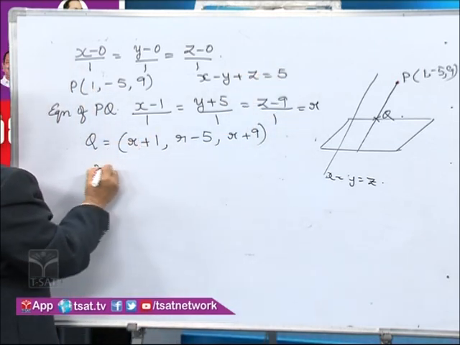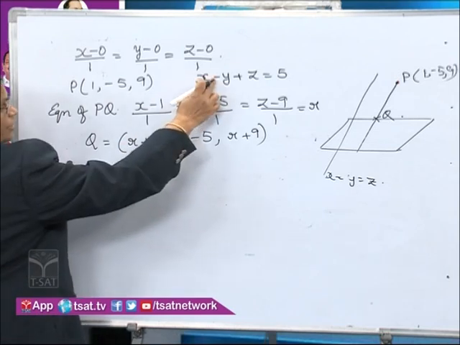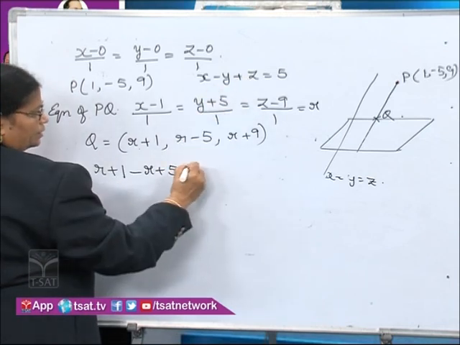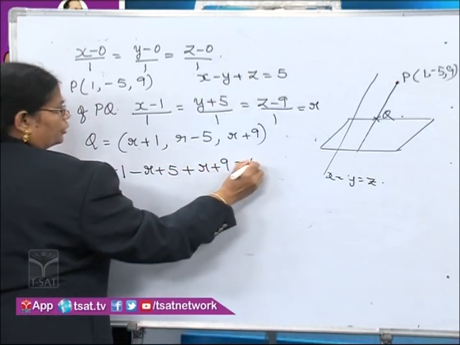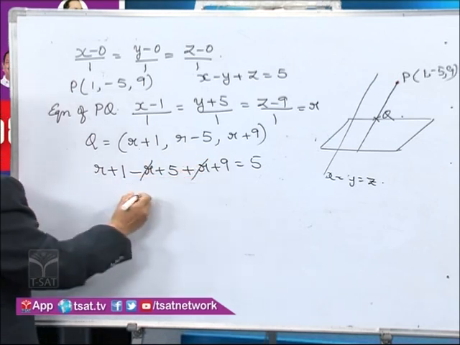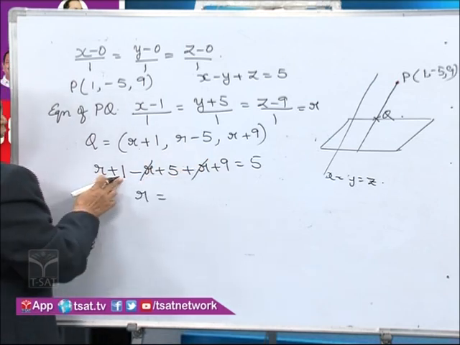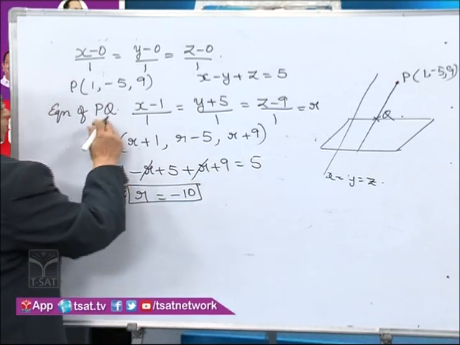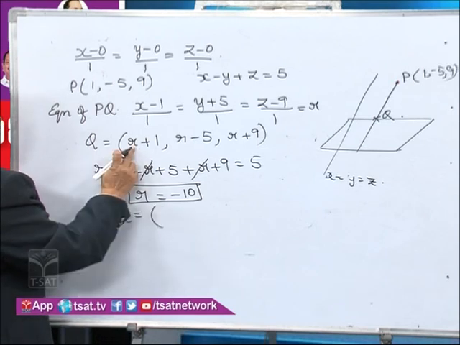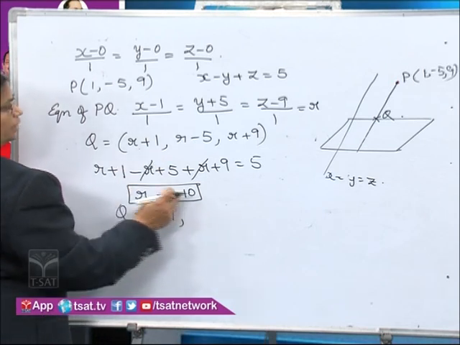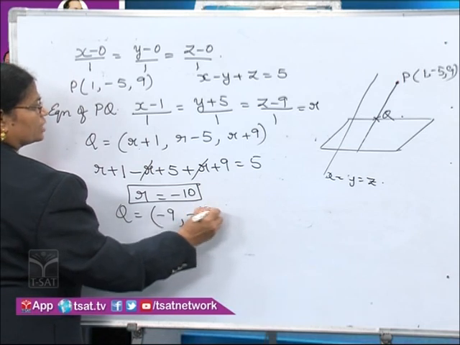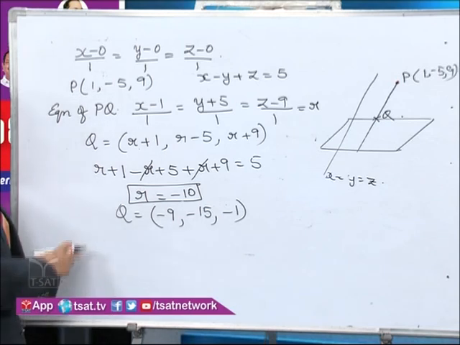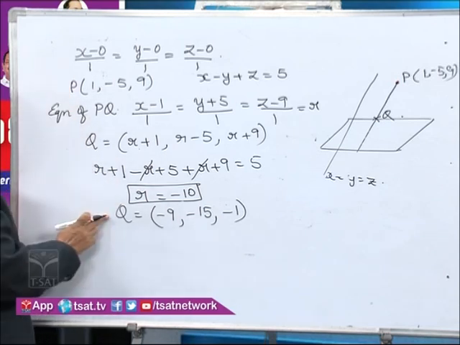So x is r plus 1, y with a minus sign, so minus (r minus 5), plus z, r plus 9, equal to 5. So r equal to minus 10. So the point Q will be (minus 10 plus 1, minus 9), (minus 10 minus 5, minus 15), (minus 10 plus 9, minus 1). Now you are required to find the distance from P to Q.